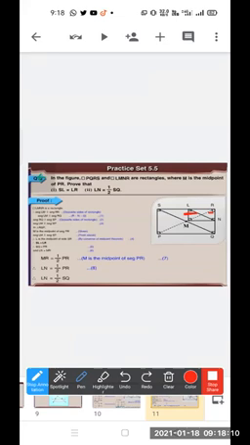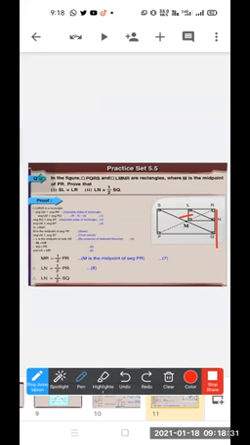Also, LM is parallel to RN, which means LM is also parallel to RQ, because R, N, Q are in a straight line.